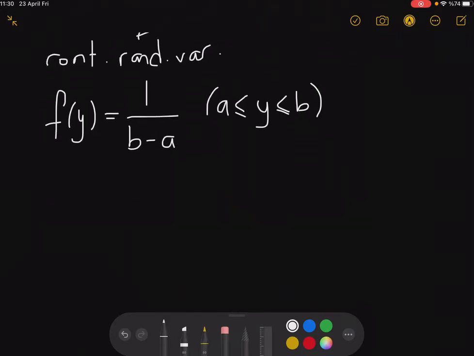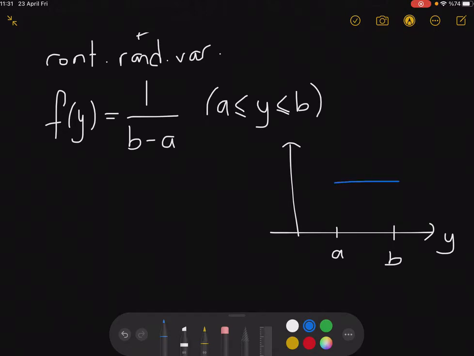If you want to show it in a graph, this is your y, and here will be your a and b, and it will look like this. The height should be 1 over b minus a.